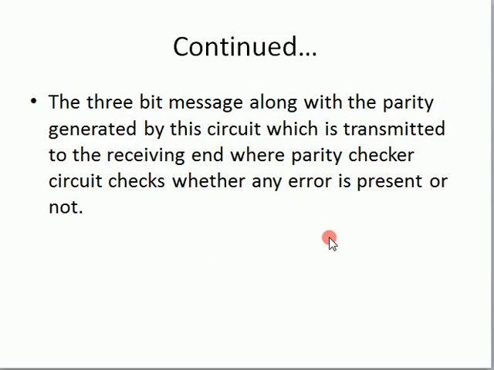So this is the 3-bit message along with the parity generated by this circuit, which is transmitted to the receiving end, and when it comes to the receiving end, the parity checker circuit will check whether any kind of error is occurring here or not.